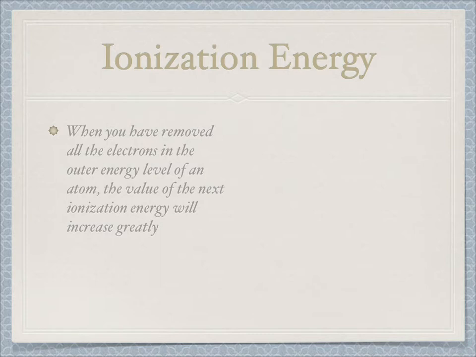All right, so ionization energy, remember, when you have taken all the electrons out of that outer energy level, then the next one jumps drastically. When we start to take electrons away, there's always a certain amount of energy required. But when you're trying to take one out of a full energy level, that takes a lot of energy.